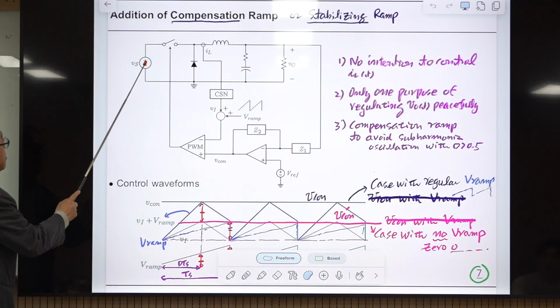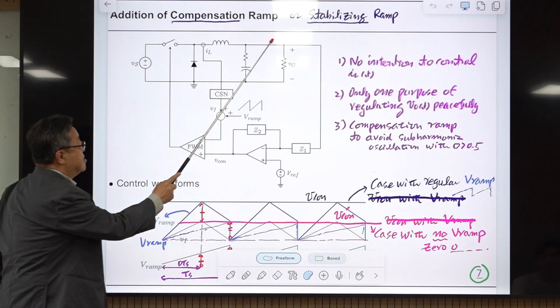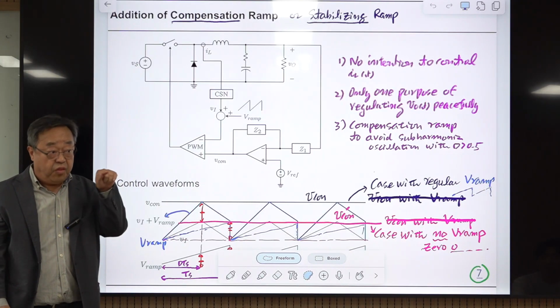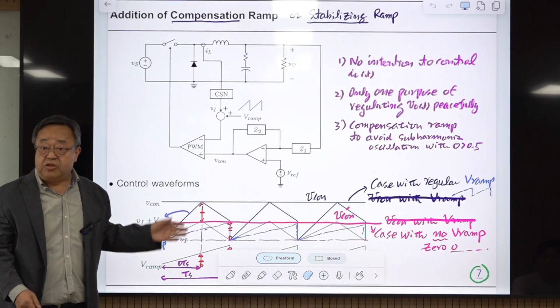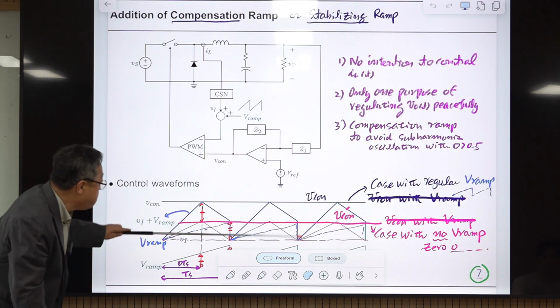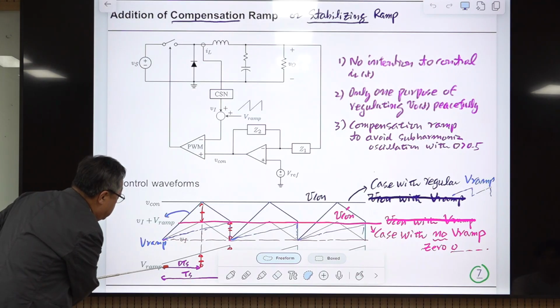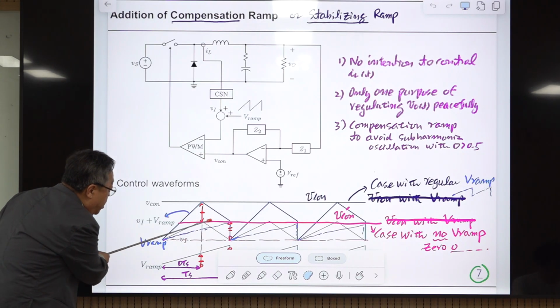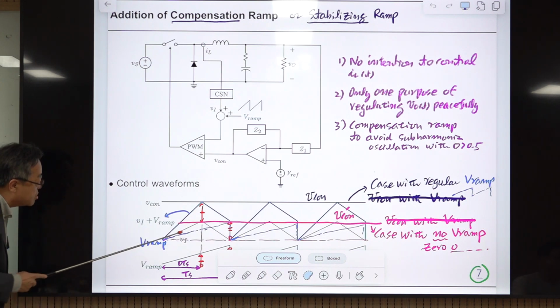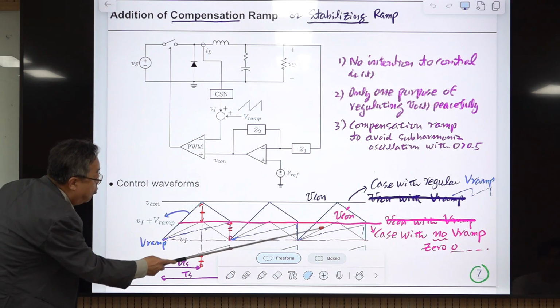Assume this is 15 and this is 5, okay? Then the duty ratio should be 1/3 by the mechanism of this negative feedback. Forget about this. There is no ramp signal now, and we only have this inductor current waveform.